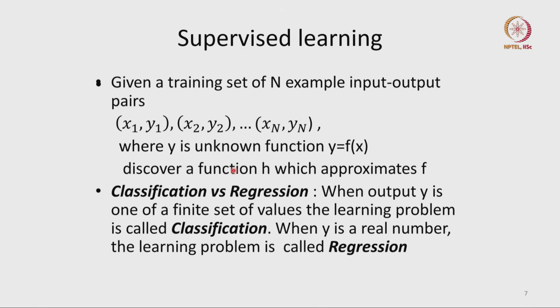So, let us first look at supervised learning. So, in supervised learning we have what is called a training data. So, the training data will consist of say n patterns.